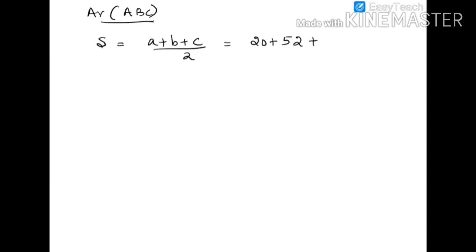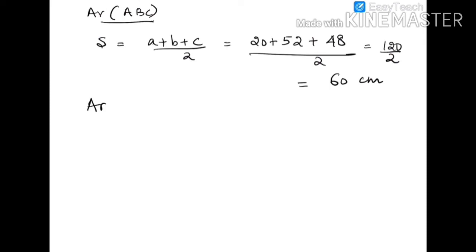Let's find the area of triangle ABC. For that, we will first have to find the semi-perimeter, that will be A plus B plus C divided by 2. On adding the sides, we get 120 divided by 2, which is equal to 60 centimeters.